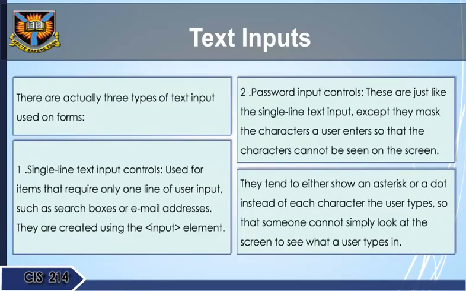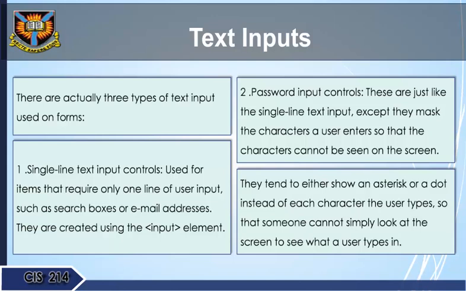There are actually three types of text input used on forms. One, single line text input controls, used for items that require only one line of user input, such as search boxes or email addresses. They are created using the input element. Two, password input controls.